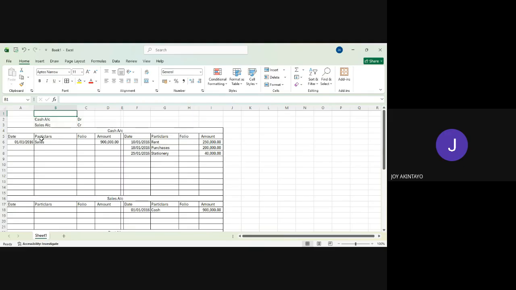Are we together? Now they tell us that instead of the cash account, it is sold to the customer on credit. We don't need to stress ourselves. You can just come here, then you open your receivables account.